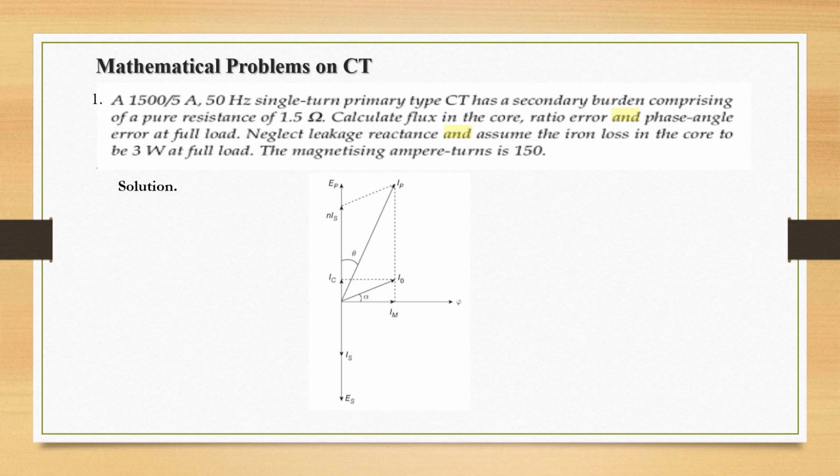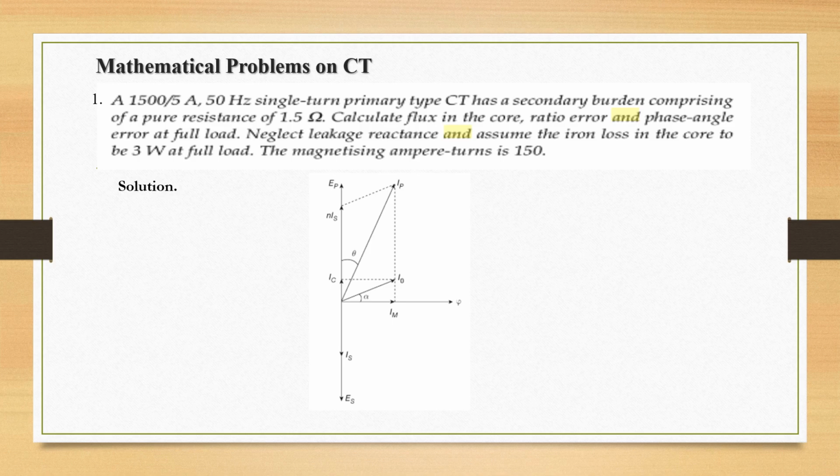As we have to find out the value of ratio error and phase angle error, that's why we have to go through the phasor diagram. For this phasor diagram, it is given that this is a purely resistive circuit.